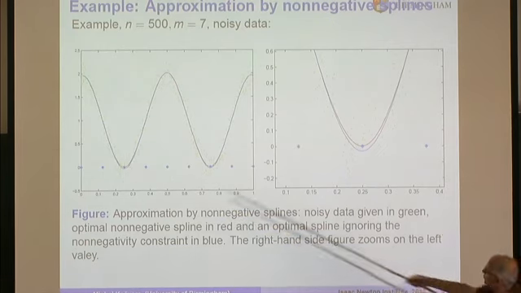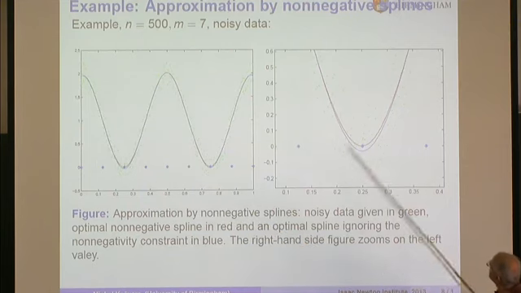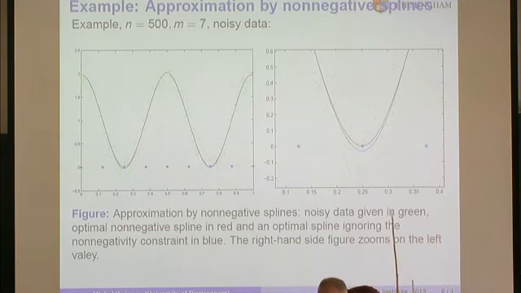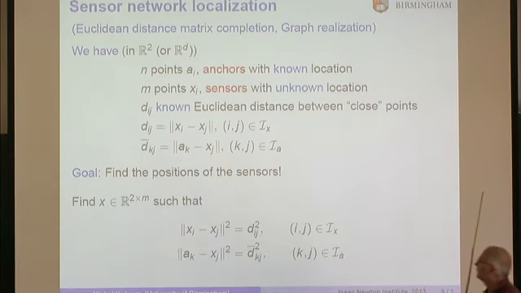And this is the zoom on that part of the figure. You see that the blue goes slightly below, the red does not, as it should be. Okay, that's the end of this example. And let's go to the final example.